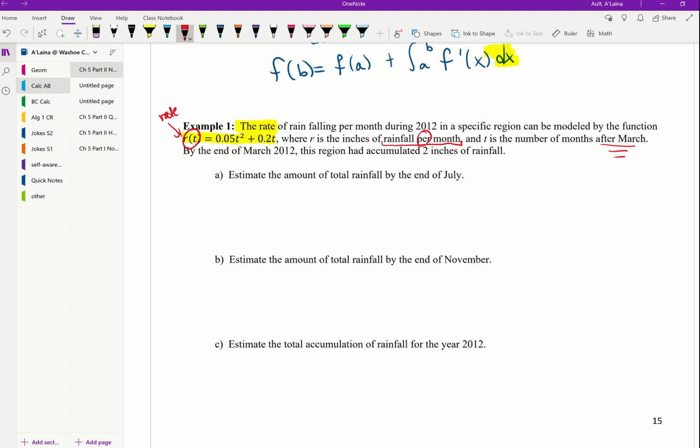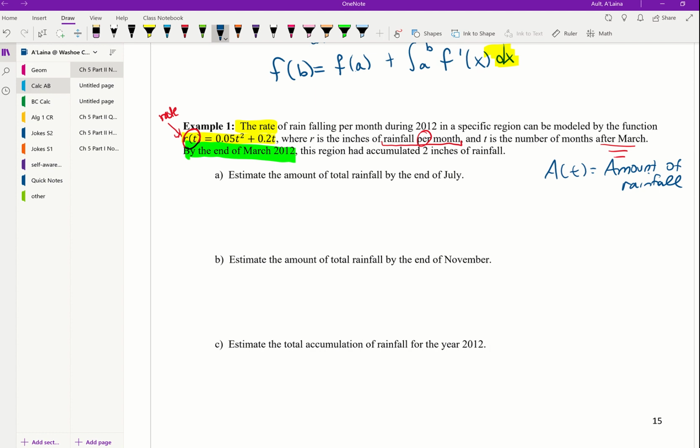By the end of March in 2012, this region has accumulated 2 inches of rainfall. Well, this is an ordered pair. By the end of March 2012, we have 2 inches. So let's say I let A of t be the amount of rainfall for the accumulation amount so far.